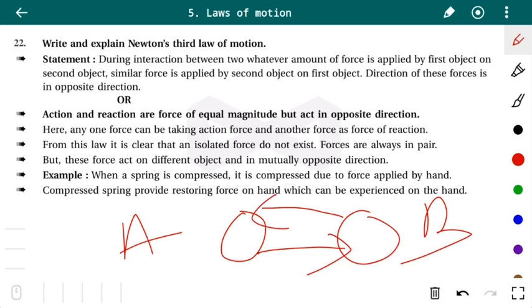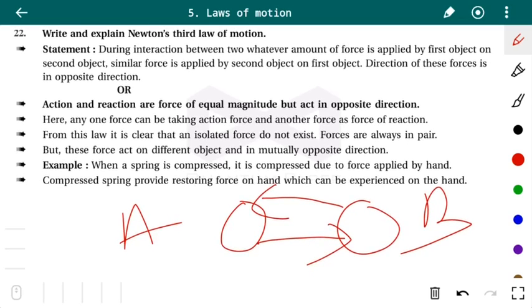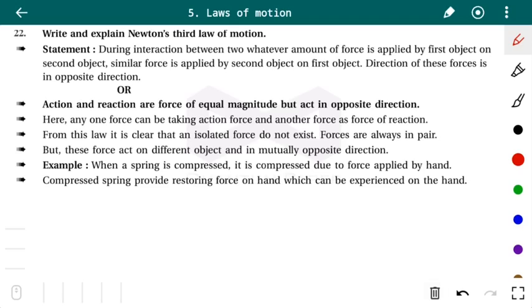One is considered as the action and the other is considered as the reaction. When ball A hits ball B, then by collision ball B will apply force on A, but now it will be in the opposite direction. Here any one force can be taken as the action force and the other as the force of reaction.